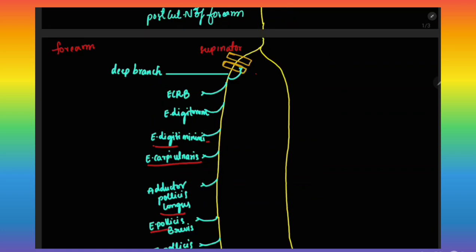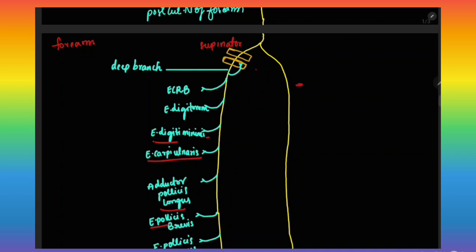Superficial branch of radial nerve is sensory and it passes down under pronator teres brachioradialis. It passes down medial to radial artery.